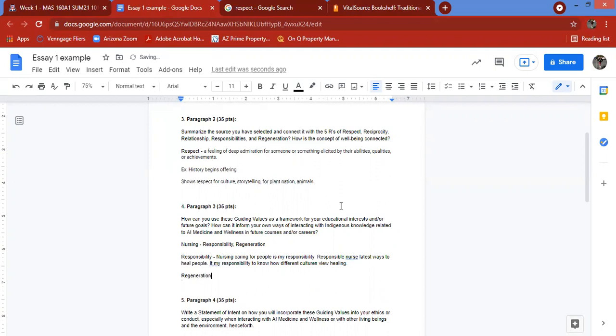Regeneration, when, you know, when people are healing, the concept of regeneration can help me understand the healing process for my patients.